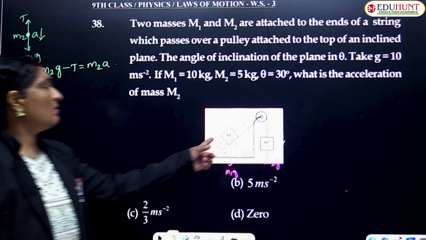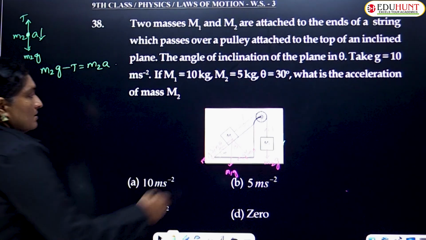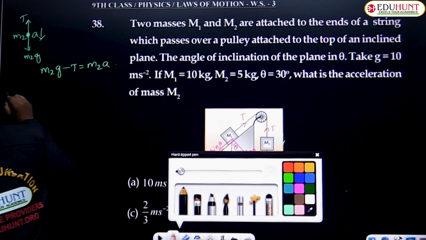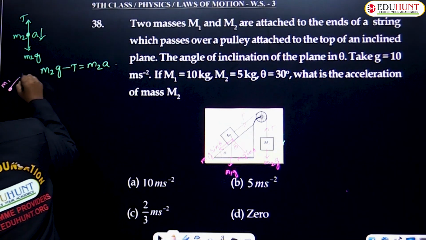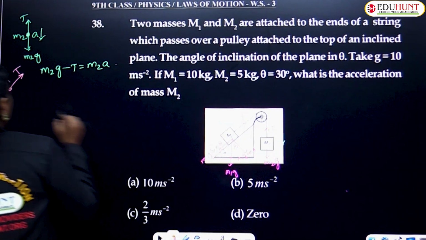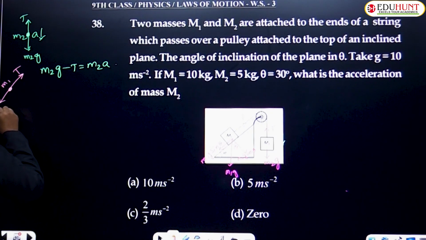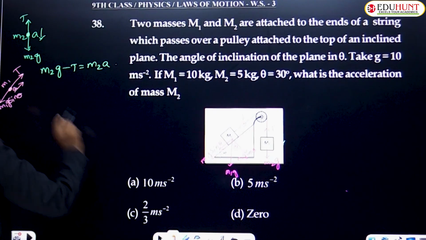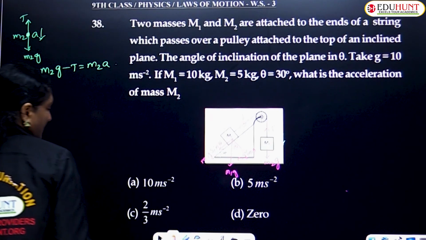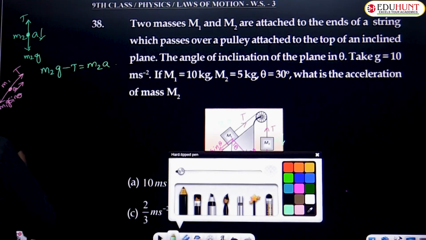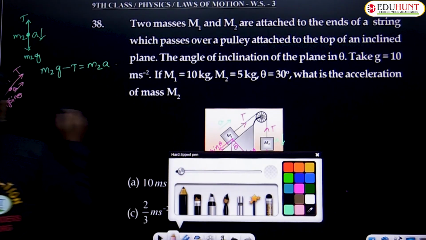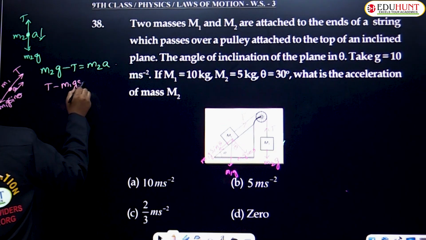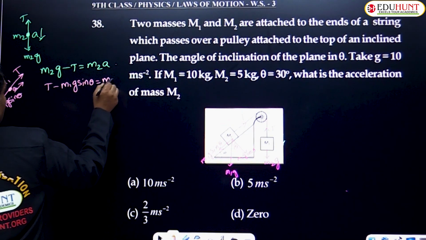That's it. Now coming to the second part of the motion. This is your mass M1, upward force is tension T, and downward force is, what is this, children? M1G sin theta. Clearly it is accelerating in the upward direction. So the equation of motion can be written as T minus M1G sin theta equals M1A.